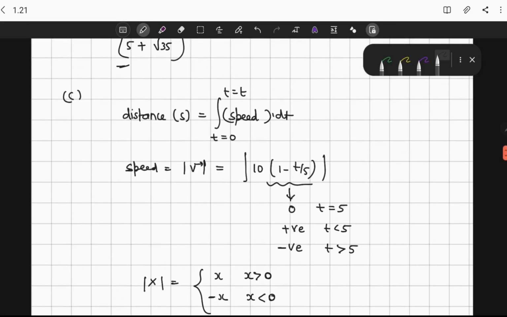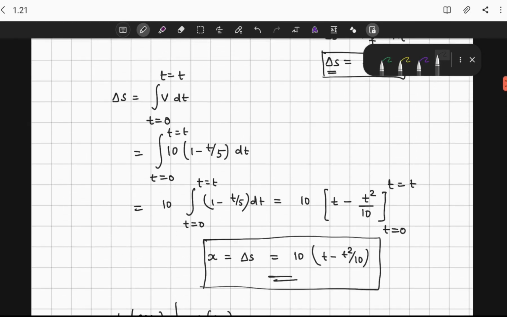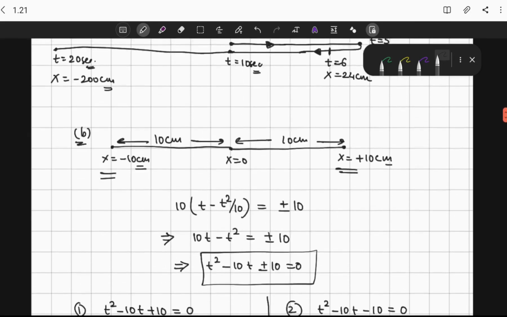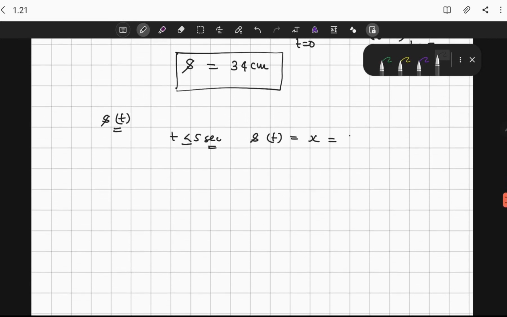That is equal to, we have found out here, 10 times (t minus t square by 10). Okay, if we carefully look at here, this is a parabola 10t(1 minus t by 10), whose roots are nothing but t equal to 0 and t equal to 10 seconds.